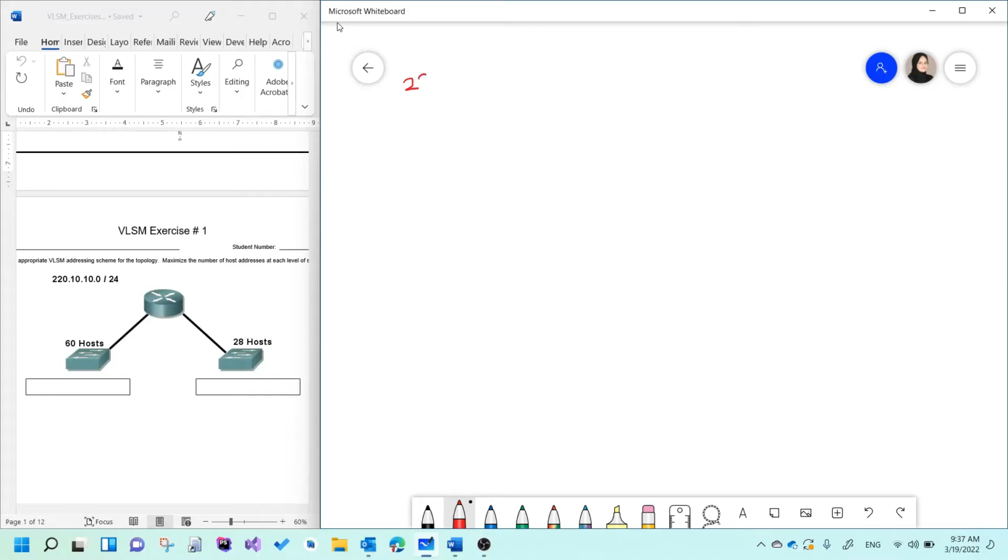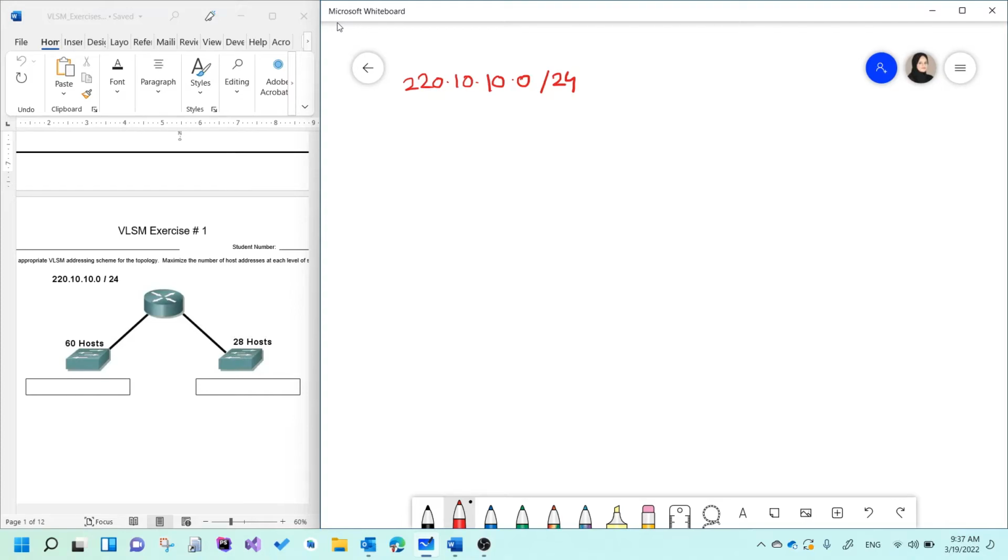So it would be 220.10.10.0/24. Again, this is a rough way of doing it. You can do it on a paper or even on Excel, whichever way you prefer.